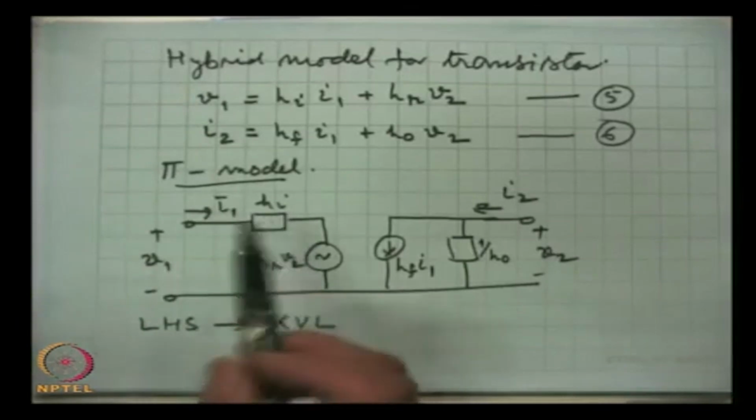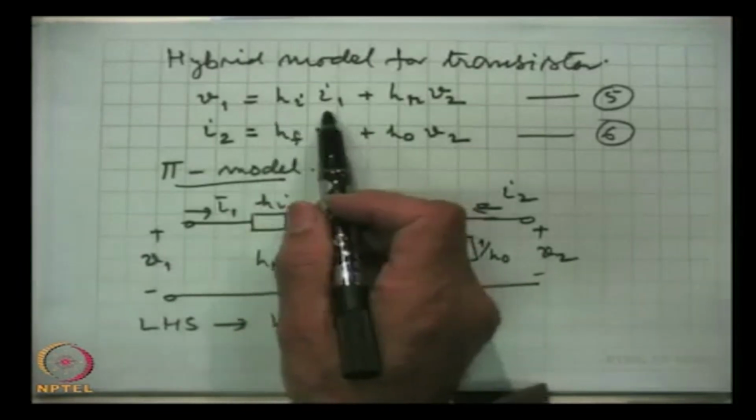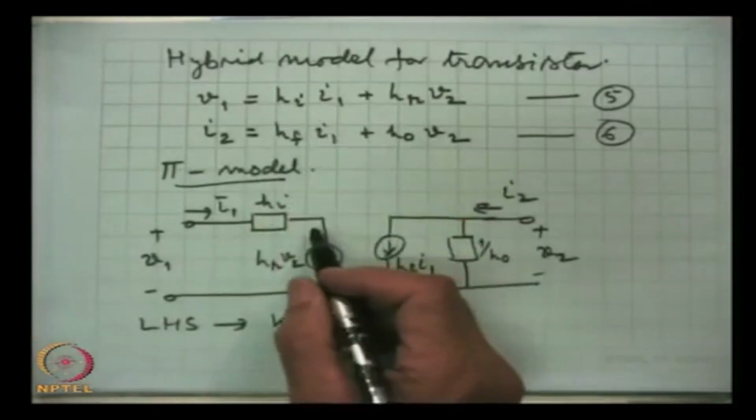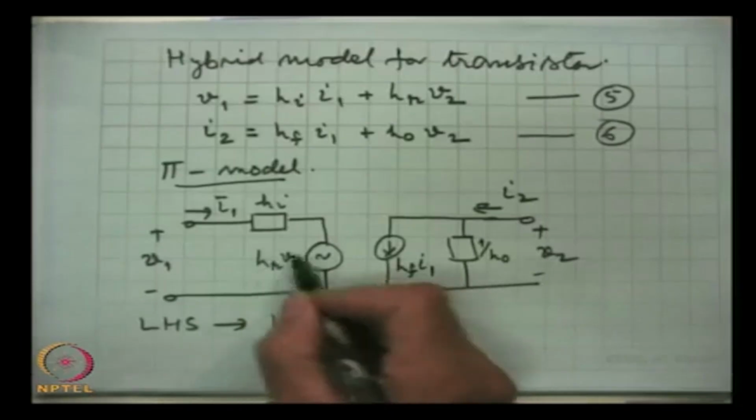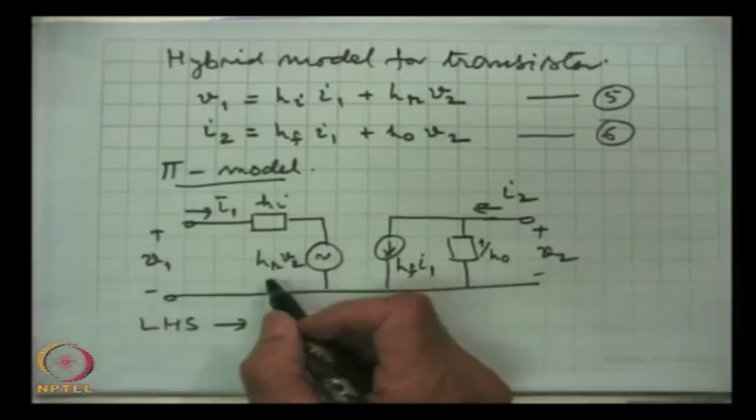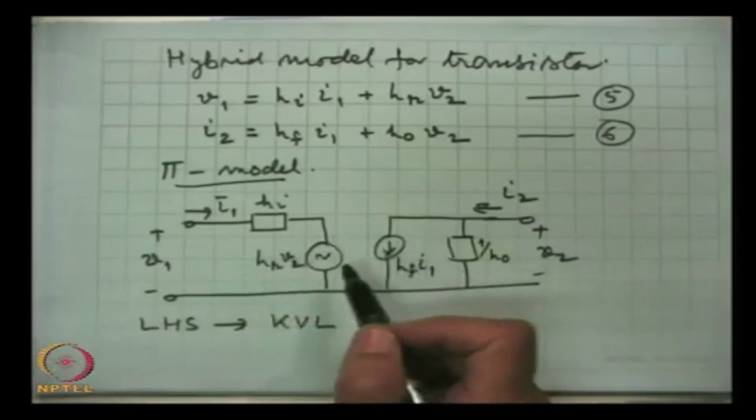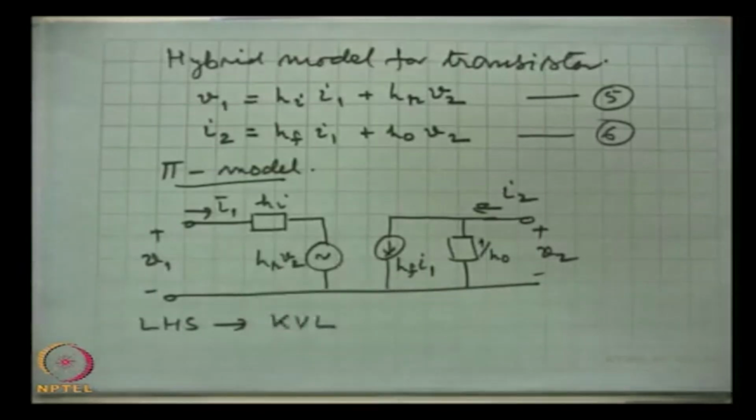The voltage drop here is represented by the first term, and here, as I said, is a voltage source which is there because in the transistor the two junctions do not function in complete isolation. It is very important: what you are doing at the output side is also reflected at the input side.